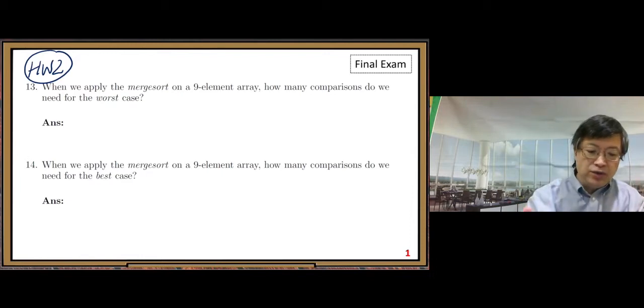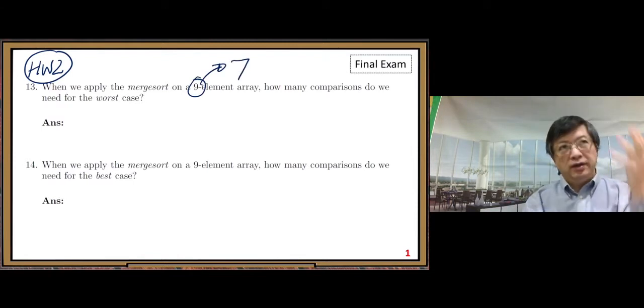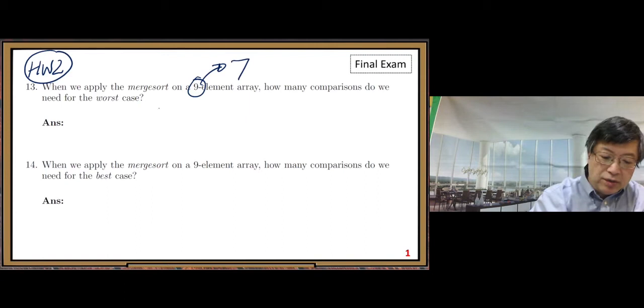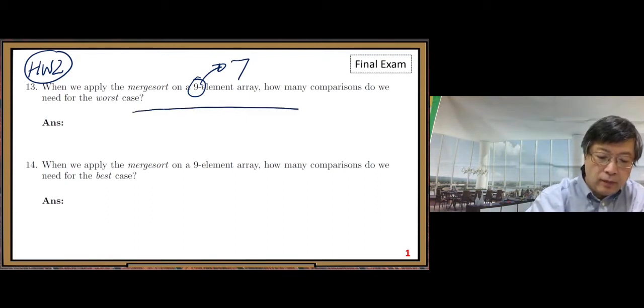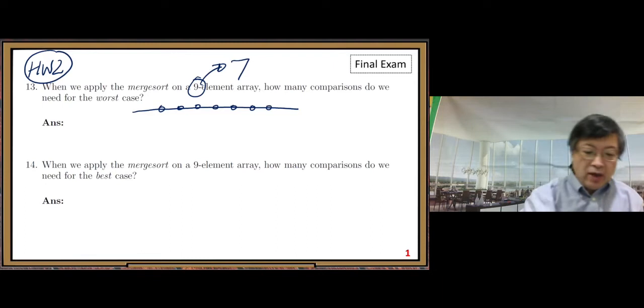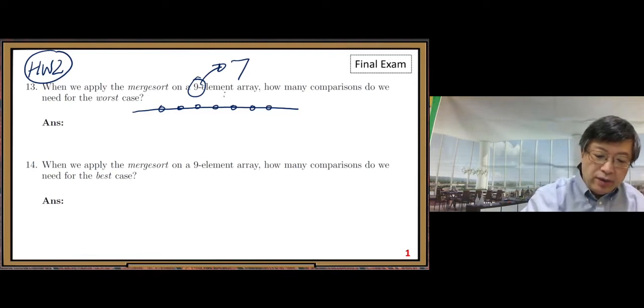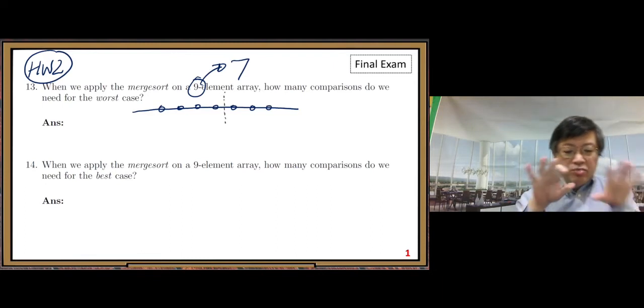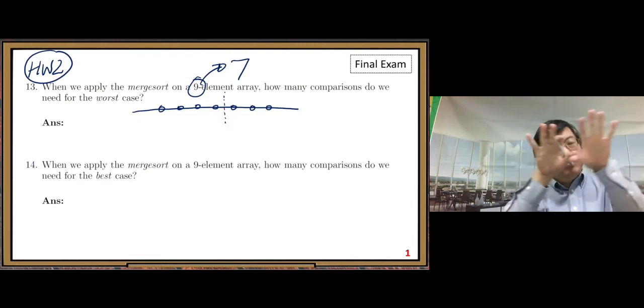All right, so let me show you here. Homework question, 7 elements. So let's do the divide and conquer. Here, let me put 7 elements. When we do division, we try to split the array as evenly as possible.